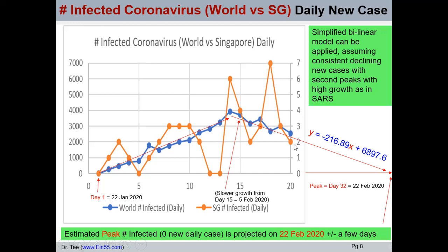Because right now you can see all the countries in the whole world are taking very strict measures. In China, all their main cities have isolation measures, so that will help to limit the spreading of the virus.